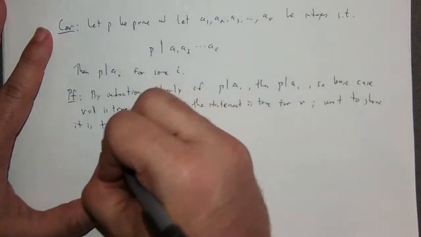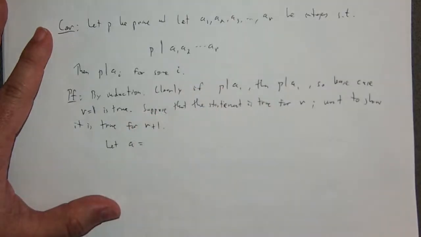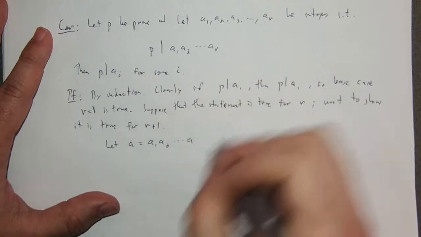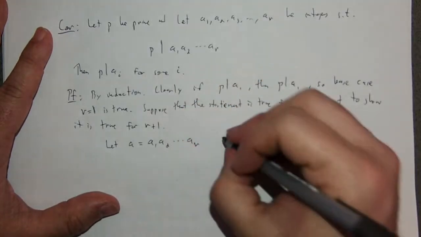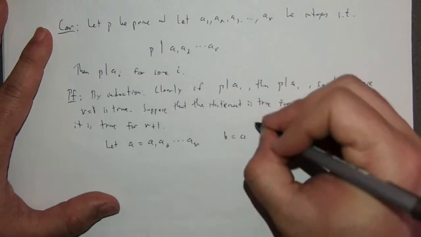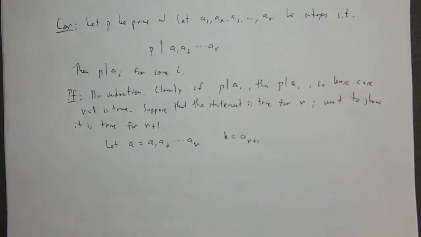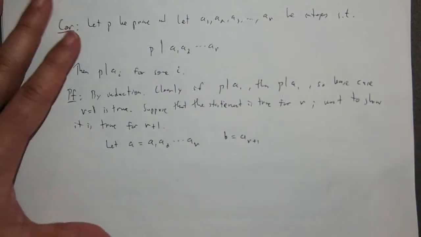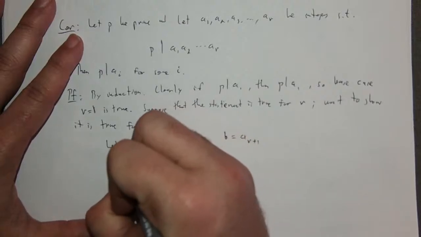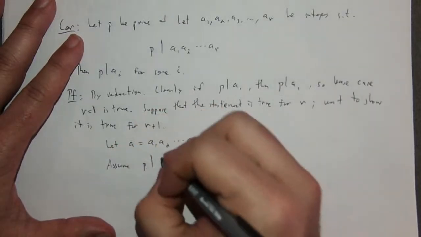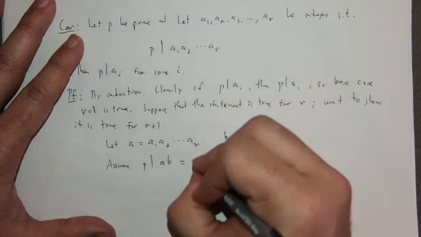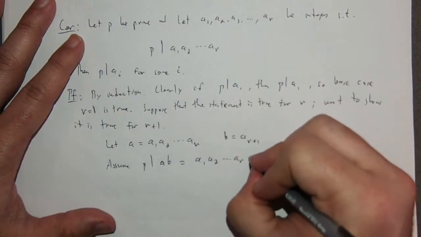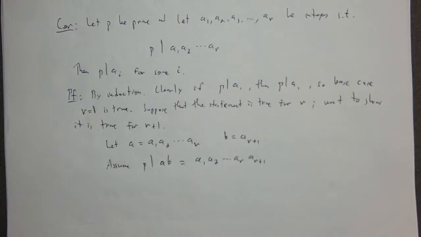So let A be A sub 1, A sub 2, all the way up to A sub R, and let B be A sub R plus 1. So assume P divides AB, which is this list, A sub 1, A sub 2, all the way up to A sub R times A sub R plus 1.